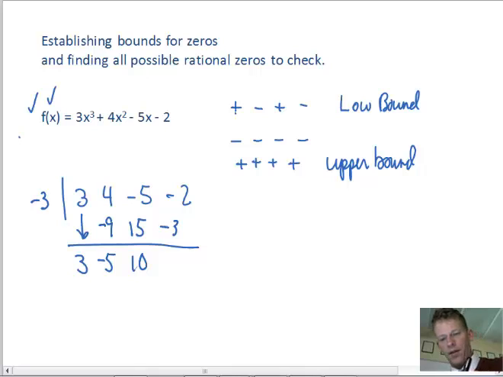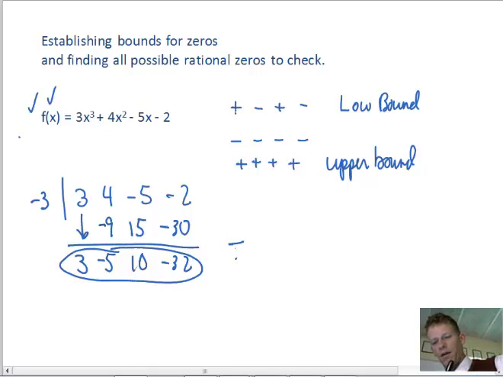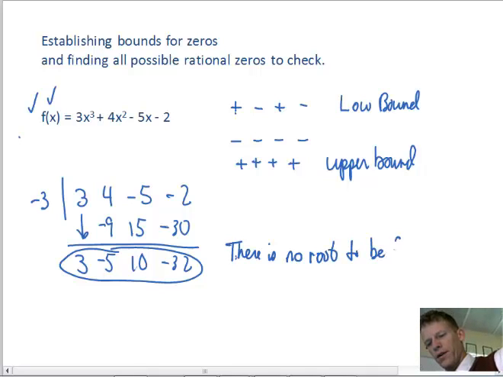And then I'll have -30, so this will be -32. When I inspect my synthetic division, I see I had alternation of signs, so this tells me that there's no root to be found less than -3.